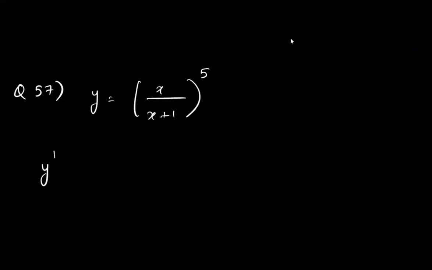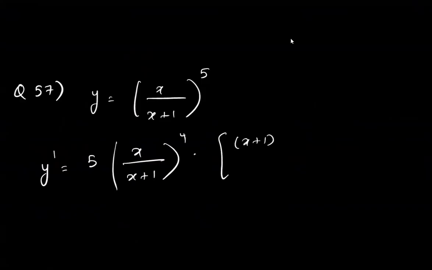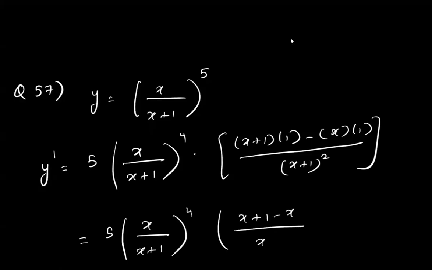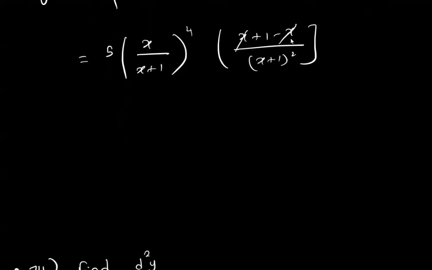Okay, again, the outermost is the power rule. Apply that first. Then for the inner, do the quotient rule: x plus 1 times 1 minus x times 1 all over x plus 1 the whole squared. So this is 5 times x over x plus 1 to the power of 4 and x plus 1 minus x over x plus 1 the whole square. x and x get cancelled away.